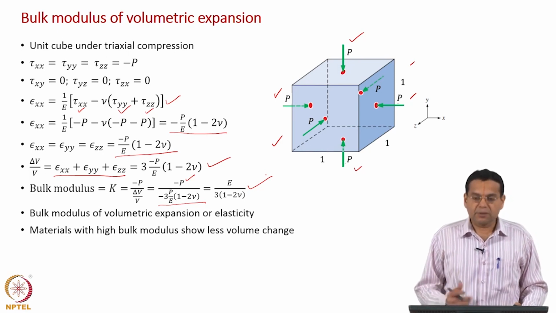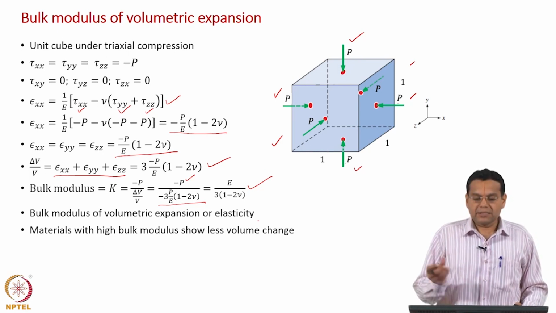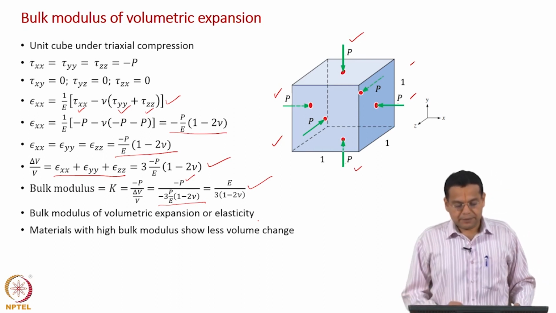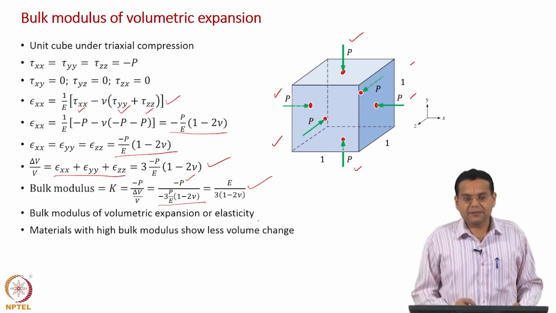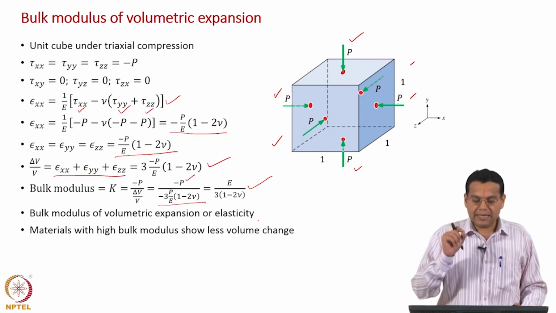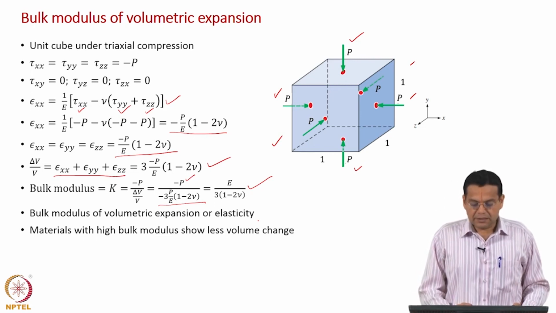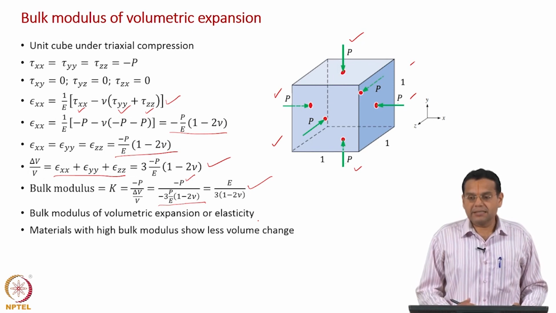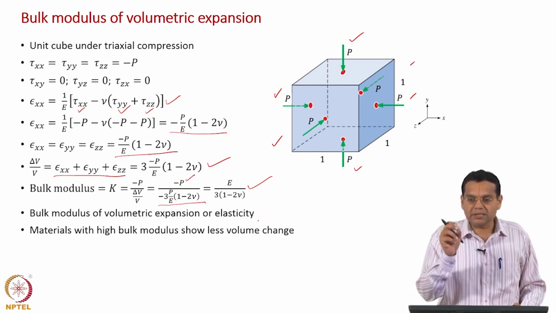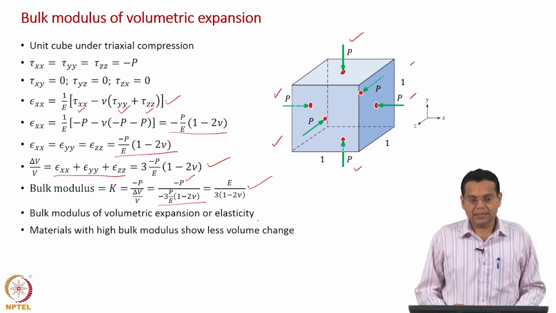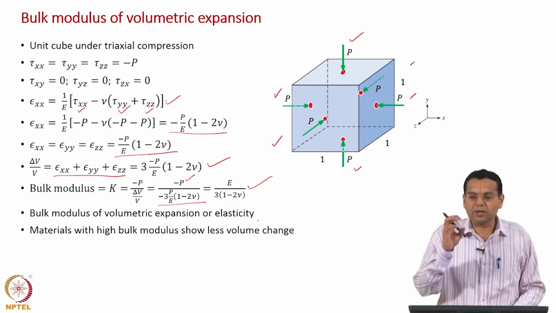If our Young's modulus is very large, for the same normal stress the normal strain is very less. Similarly, what do we say for G? For the same shear stress, a material with larger G will have a very small shear strain. Similarly, here for the same applied stress, the material with higher bulk modulus will have very small volume change.